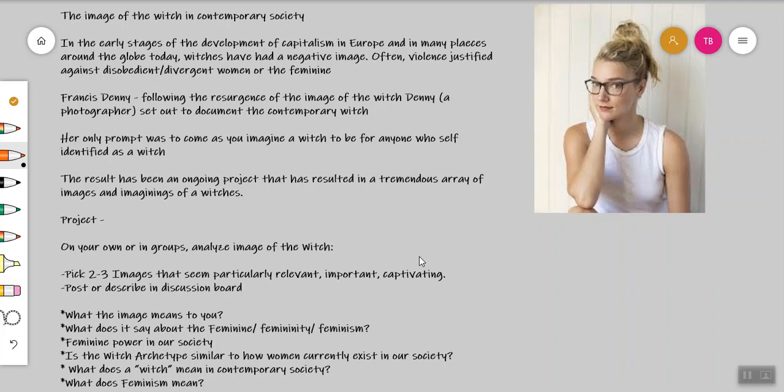So, again, in the early stages of development of capitalism in Europe, and in many places around the globe, the image of the witch has been negative. And again, often violence has been justified against disobedient or divergent women or the feminine.